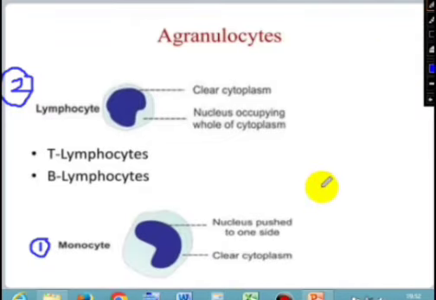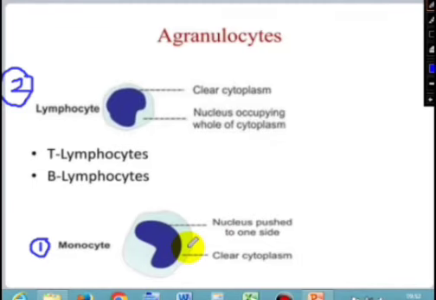Monocytes are white blood cells with large nucleus in the cytoplasm, which are kidney shaped.